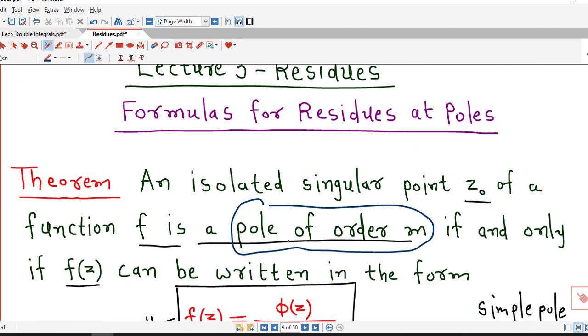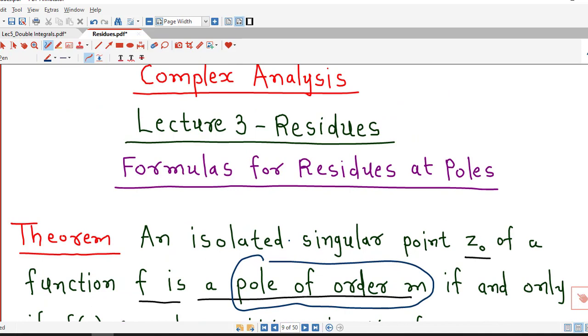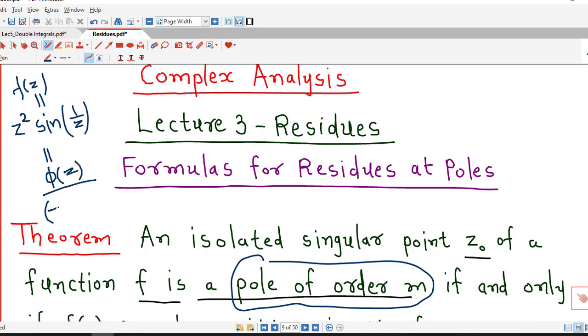Now this formula is not applicable for every function. For example, in an earlier lecture we have seen this function z square times sine of 1 by z. Here we cannot write this function in this form, phi of z over z minus z0 raised to m. So for this type of function we have to use the Laurent series expansion, and then we have to find the coefficient of 1 over z minus z0.